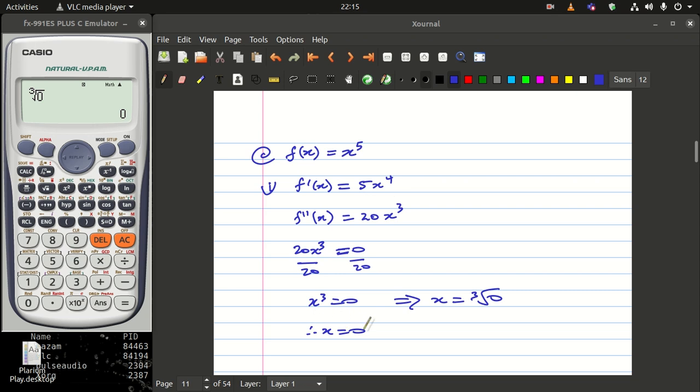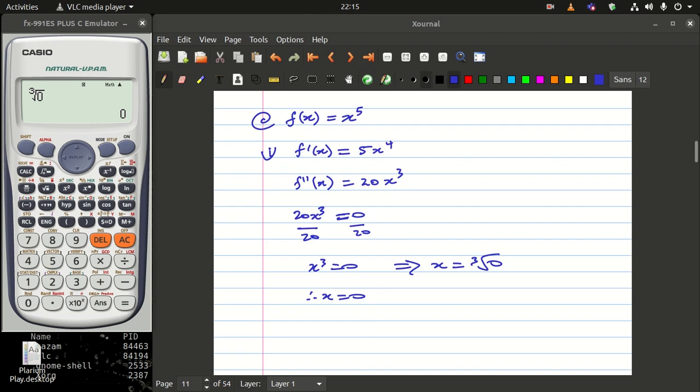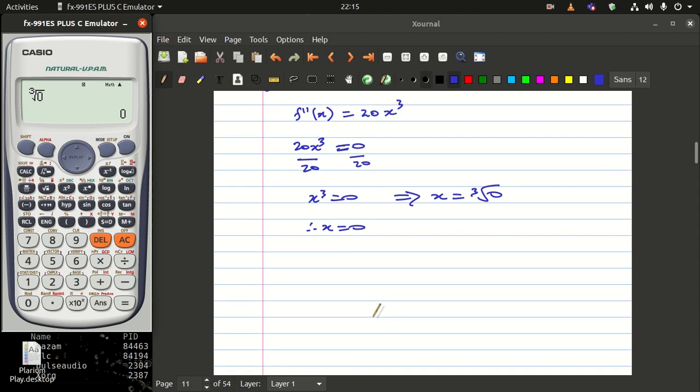And then once you have that, of course, the second thing we wanted to look at, what was the initial question? The initial question said to find the interval where the function concaves up. So this one is the x coordinate of the point of inflection. So what does that mean for us?